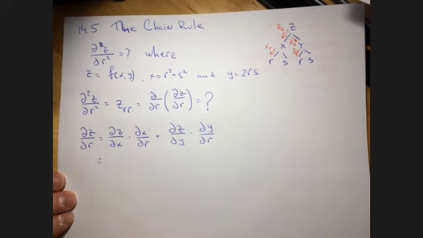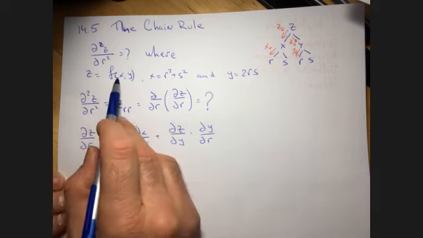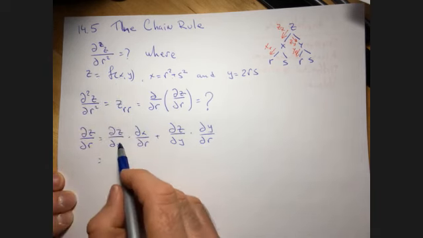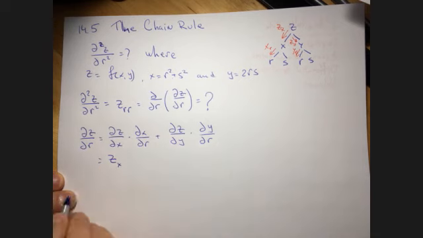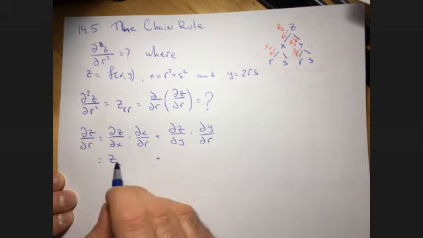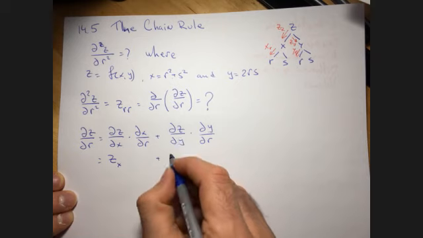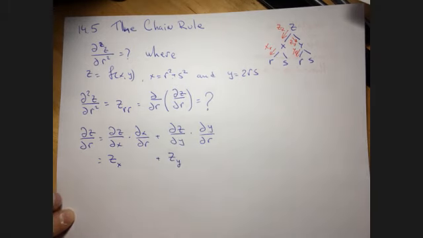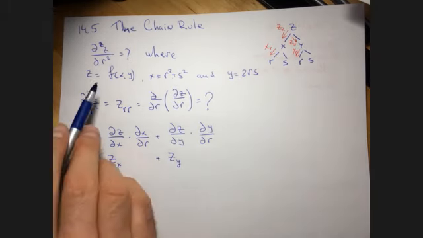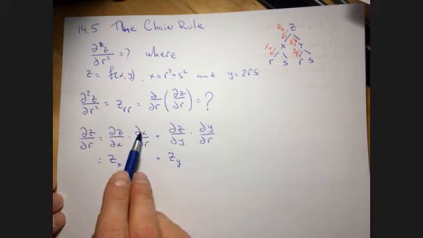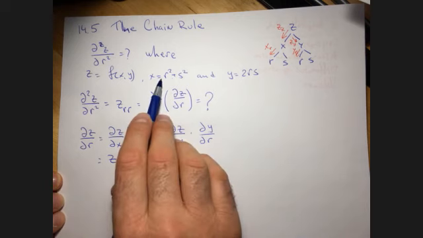So let's figure out how much is this. Z is not determined explicitly in terms of x and y. That means partial z partial x is going to stay as it is, or just change the notation if you want, just to save some time. Partial z partial y we cannot express explicitly because we don't know what the function z is explicitly in terms of x and y. Now partial x partial r is right here. I treat everything that's not r as a constant.